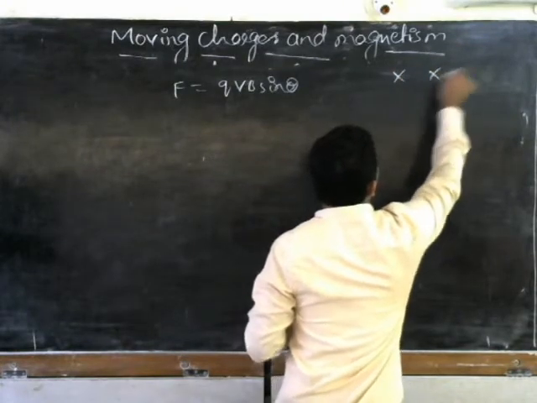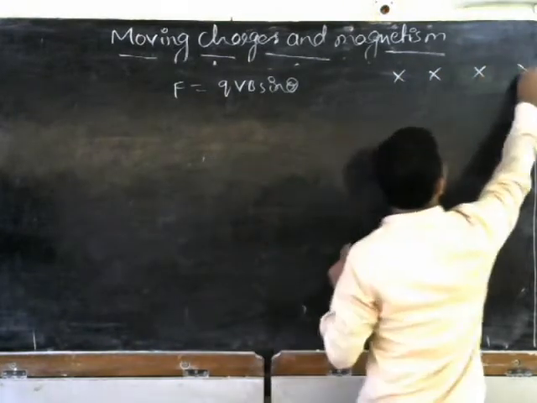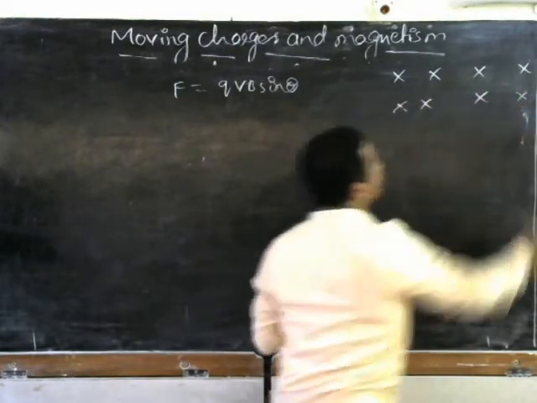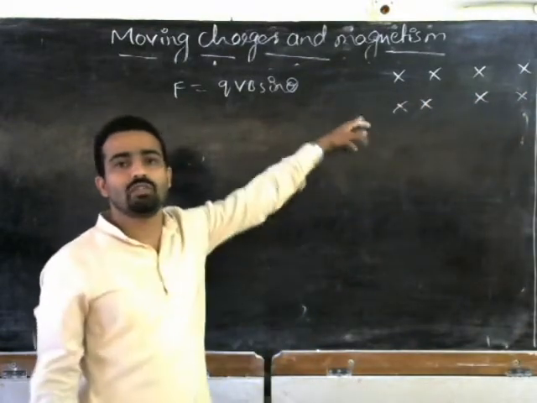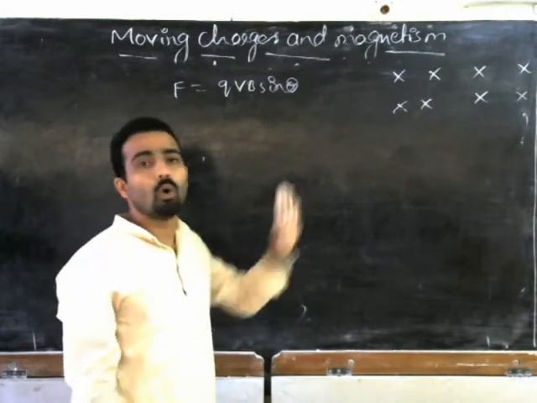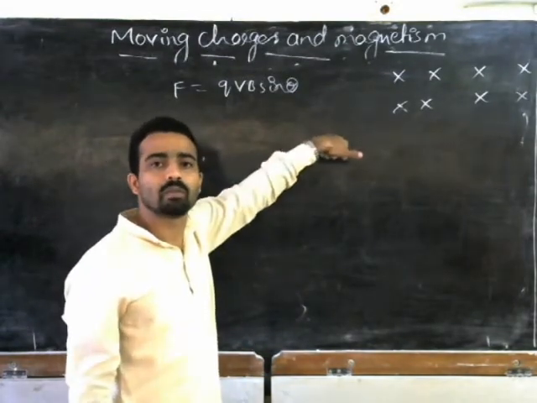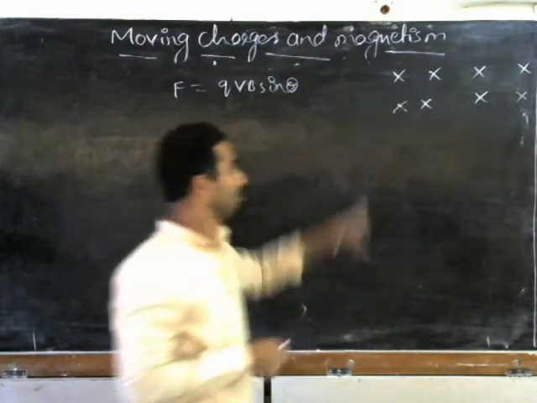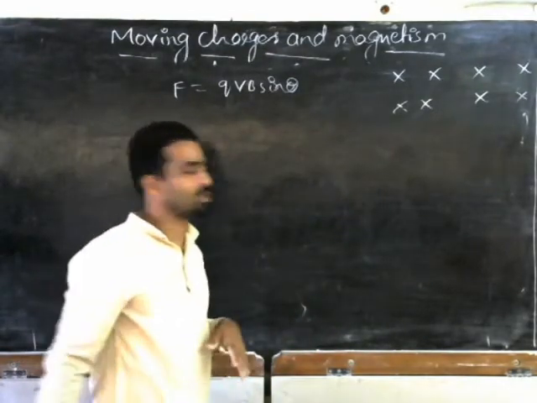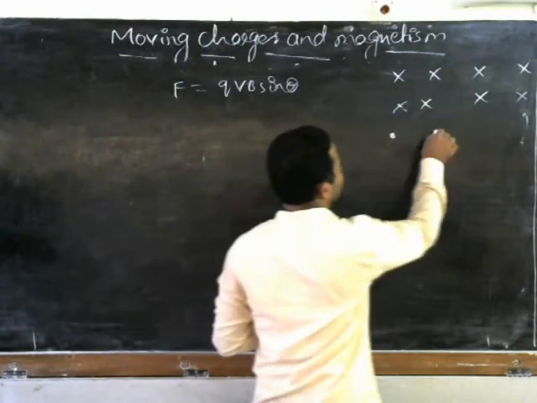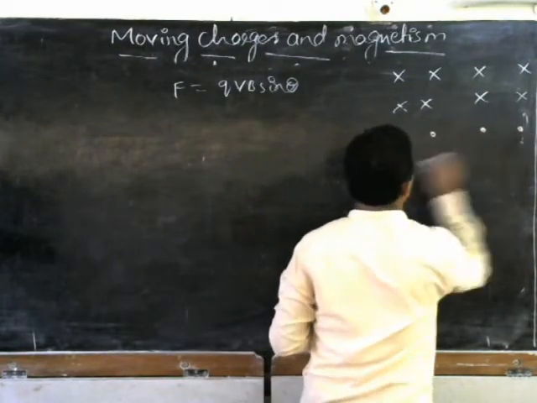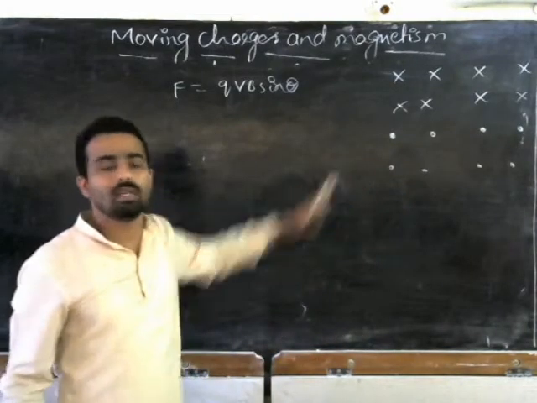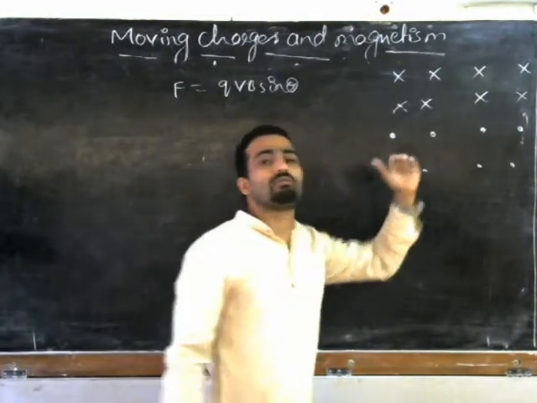If I draw a cross like this, it means the direction of the magnetic field is going into this plane. The magnetic field lines are going like this. It is represented as crossed lines. If I represent dots, this indicates that the magnetic field lines are coming out of this plane.